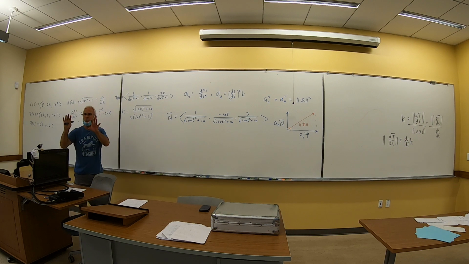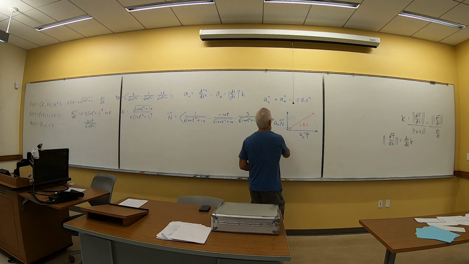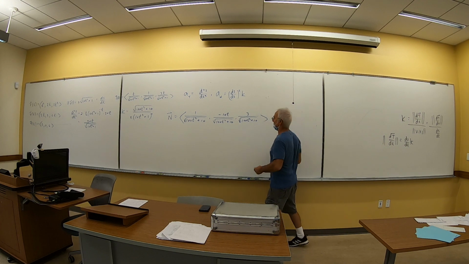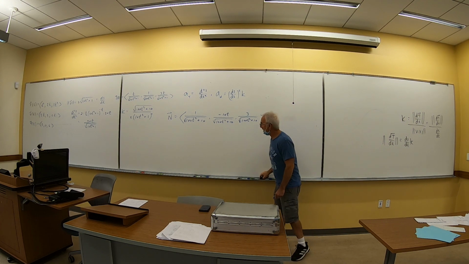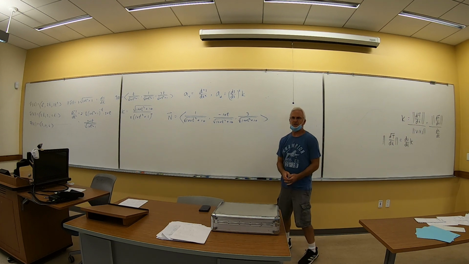No. Now we're going to evaluate it at a number because that's usually what's going on. So I would like you to describe the acceleration in terms of the unit tangent and unit normal at some value. So let's just pick an arbitrary value. I think we used 2 last day. Okay, let's use 2.